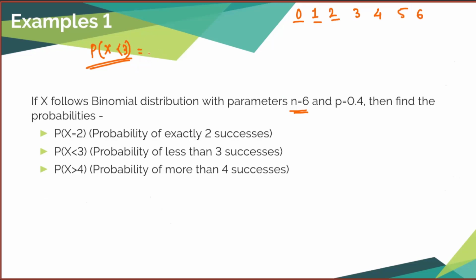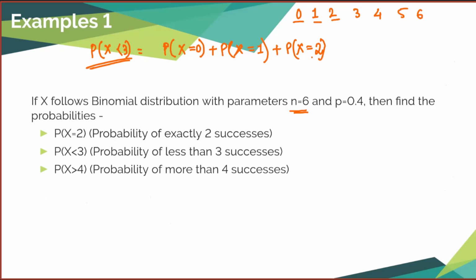So probability of x less than 3 will be probability of x equal to 0, right, plus probability of x equal to 1, right, plus probability of x equal to 2. Fine.